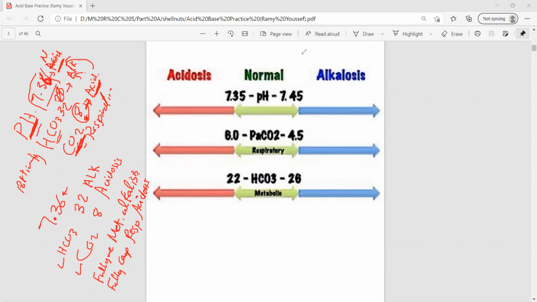Okay. Here is 7.35 and 7.45. I have the pHs here. The pH is here. So is the pH coming from alkalosis or coming from acidosis?